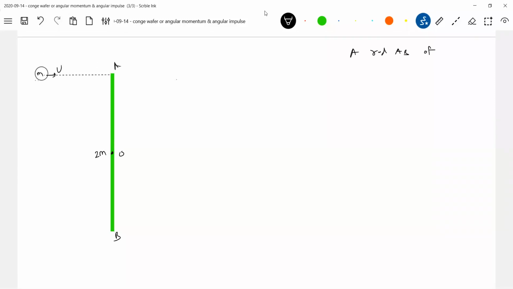A rod AB of mass 2m, length L is lying on a smooth horizontal surface.